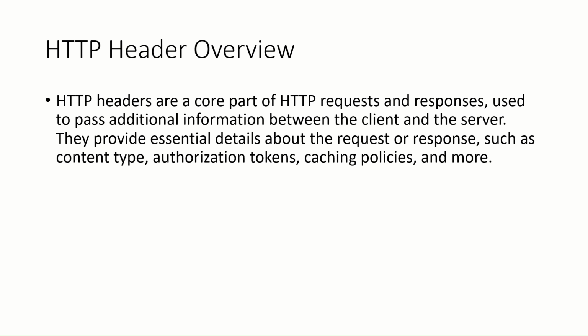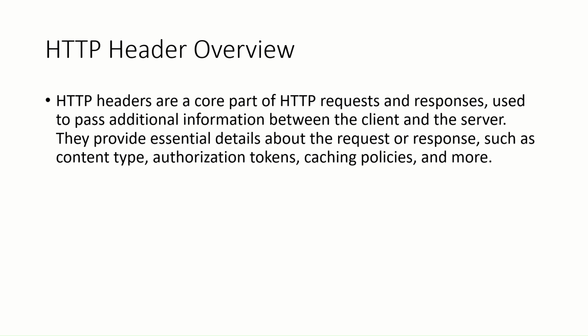So headers pass information between the client and the server, between the front end and the back end. And if you want to send something in the response to the front end, you can set those additional values and details in the response header of your API.